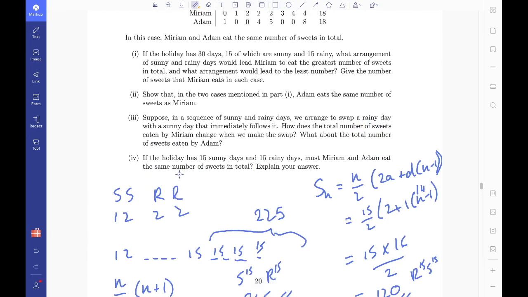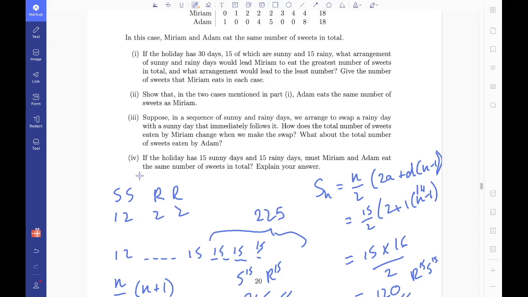So I suppose you have to say that you start with the same number because we proved that in parts I and II. And then you have to say that because we proved in part III that these swaps don't change the number eaten. Well, they increase both of their numbers eaten by 1. Then it's not going to change the overall amount that they both eat.